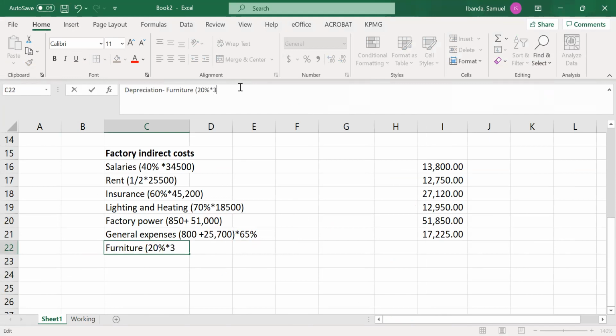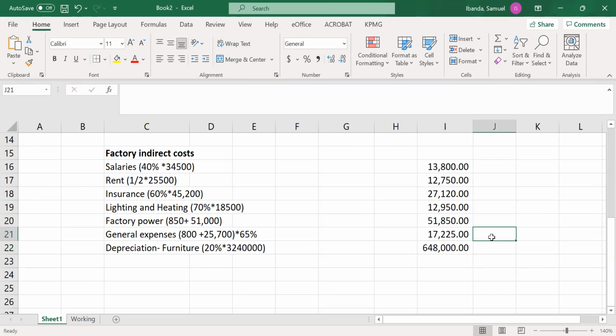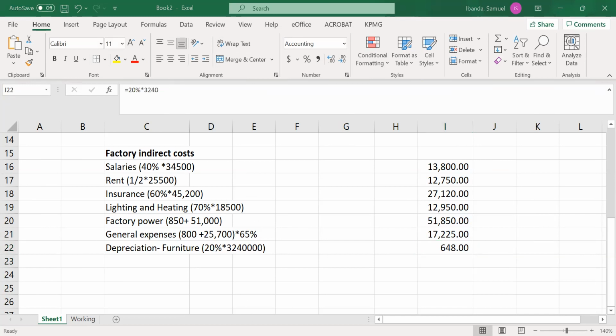That gives you 64,800. But since these figures are in thousands, I'm going to move these 3 zeros so that at the end of the day, I have 648 as my depreciation expense.